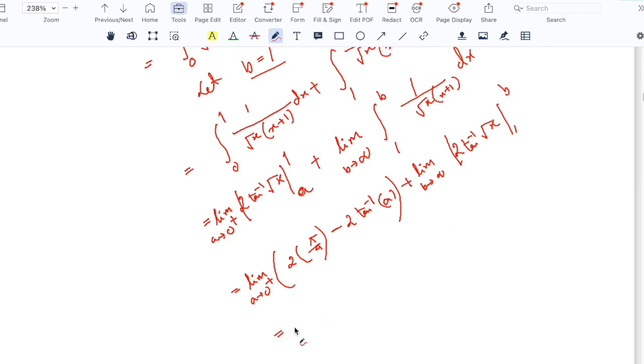This equals pi by 2 minus 2 tan inverse 0, tan inverse 0 equals 0, so I can put here 0, plus 2 tan inverse b, and if I put b to infinity, it will be 2 tan inverse infinity minus 2 tan inverse 1, and tan inverse 1 we know is pi by 4.